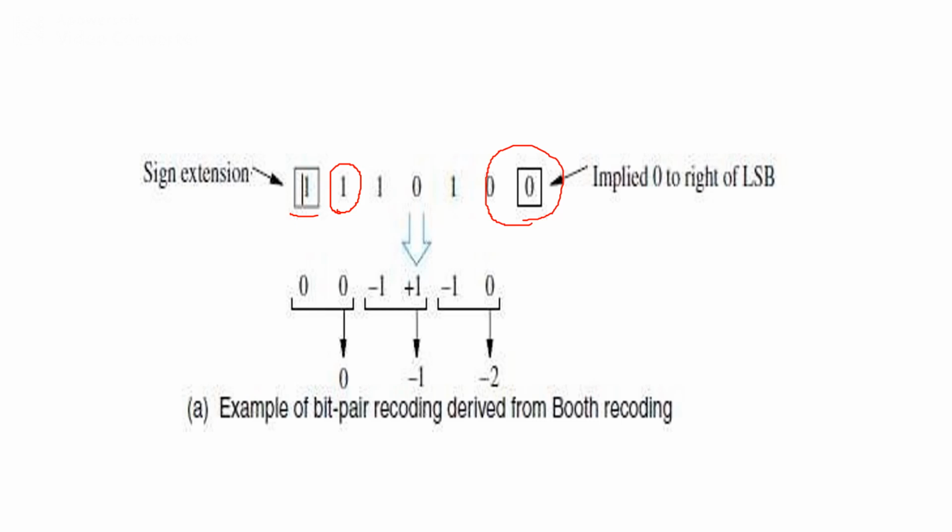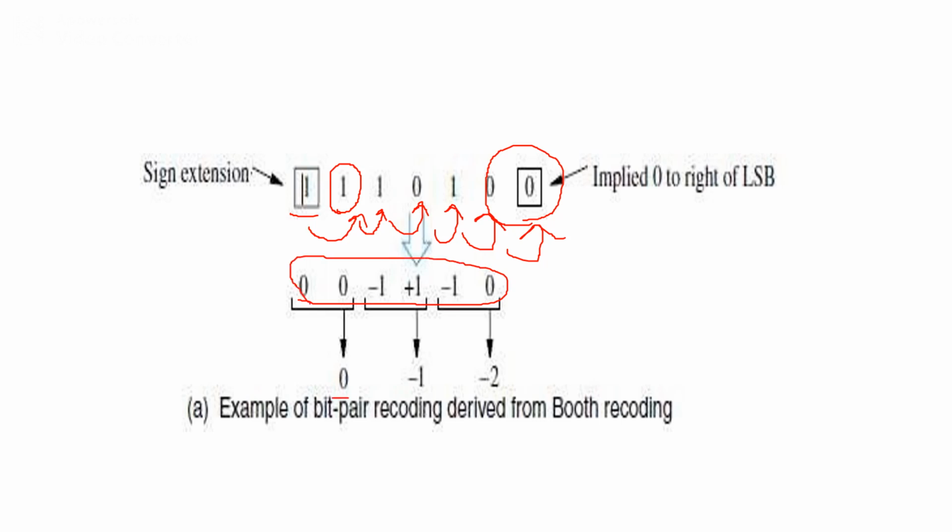Later you can start pairing the groups by the transitions: 0, 1 to 1, 0, 1 to 0, minus 1, 0 to 1, plus 1, 1 to 0, minus 1, 0 to 0, 0. So this is nothing but the Booth recoded bits.